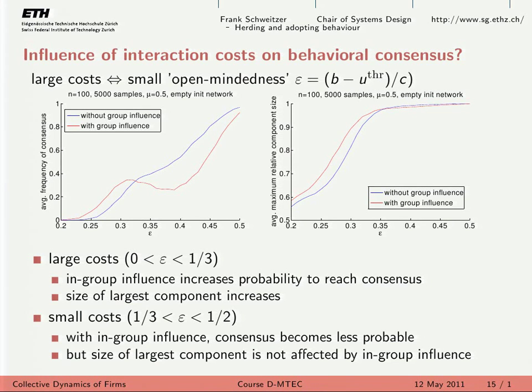Consensus means we are all part of one culture. Then you see that for small d, that's the epsilon, the probability that we end up in a local culture increases. But if the d gets larger, this probability decreases.